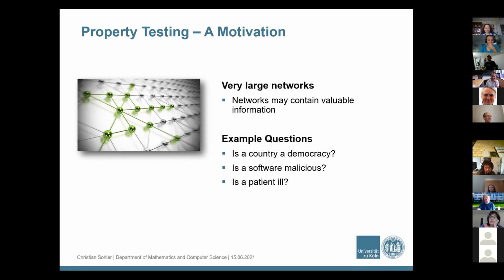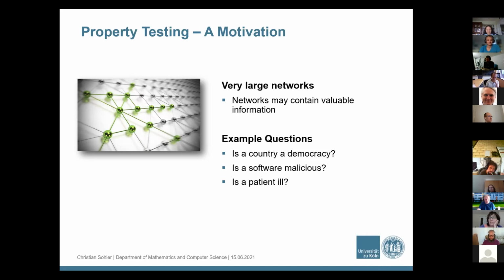If you want to do this using tools from machine learning, the issue is that each of these graphs is very big. You need to look at a number of these graphs to get sufficient information to decide such a question. So you have to deal with really large inputs.